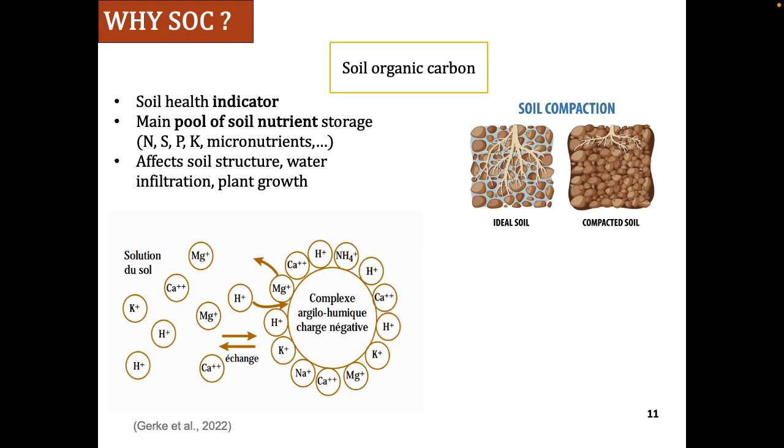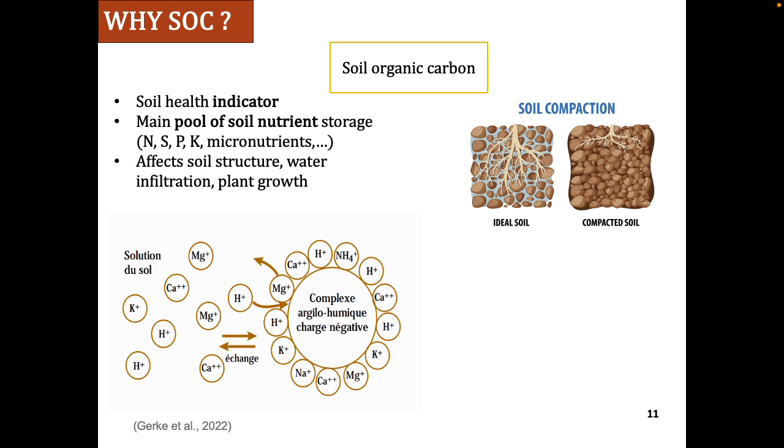So that's why I talk here about how soil organic carbon affects soil structure, water infiltration, and plant growth. As we see here, for example, we have the difference in soil compaction. We have here a good soil structure where water can enter in different zones, different areas, and the root can grow.